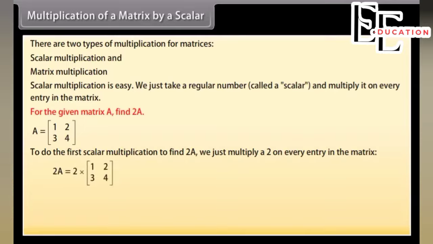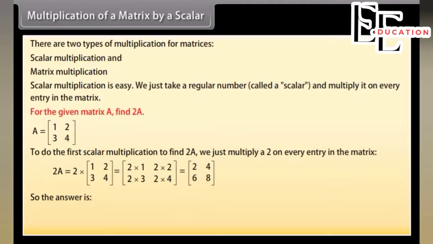2A is equal to 2 into the matrix with first row 1, 2, second row 3, 4, which is equal to the matrix with first row 2 into 1, 2 into 2, second row 2 into 3, 2 into 4, which is equal to the matrix with first row 2, 4, second row 6, 8.